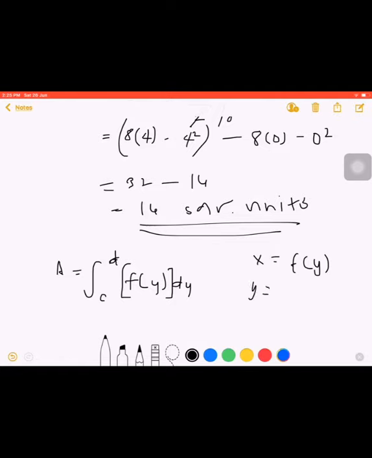So y is equal to 8 minus 2x. Let's transpose negative 2x to the other side, so we get 2x is equal to, and let's transpose y to the other side too, 8 minus y. Then divide both sides by 2.